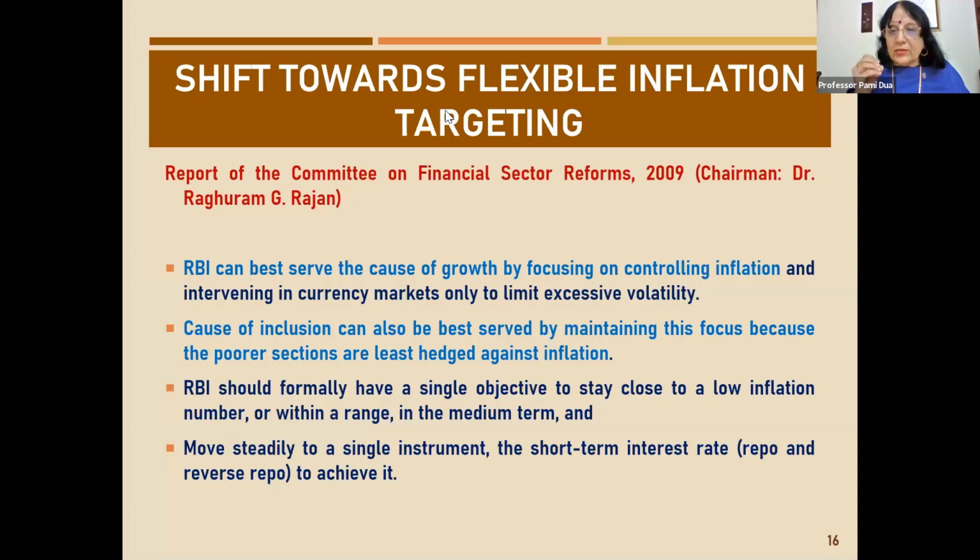So central bank should control inflation. And why is this? Because the cause of inclusion can be best served by maintaining this focus, because the poorer sections are least hedged against inflation. So awareness about inflation was coming as early as 2009, and therefore this marked a major step towards flexible inflation targeting.